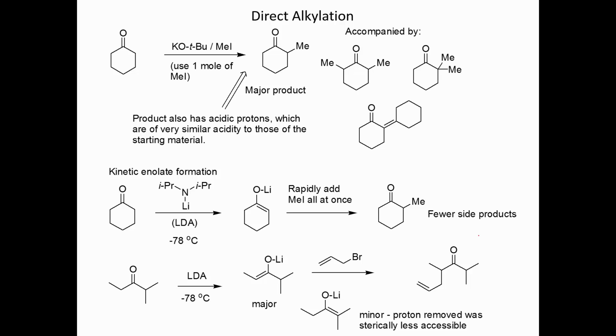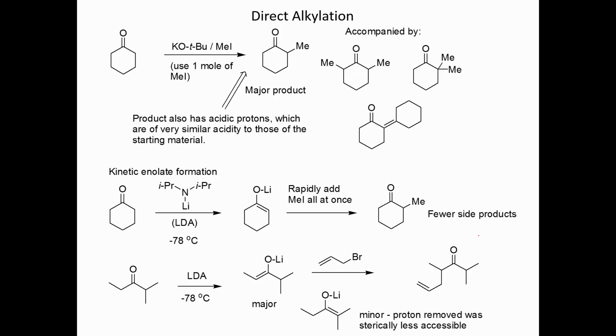And what we see here is two ways to do this. We're going to look at it first like we do the aldol condensation, where we use a base that's not quite strong enough to completely remove the adjacent, or the alpha, proton, and then we're going to look at using stronger bases where we can completely remove the alpha proton.